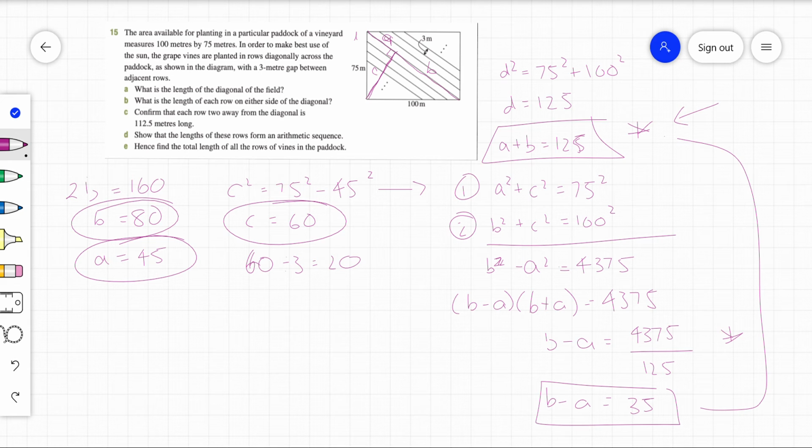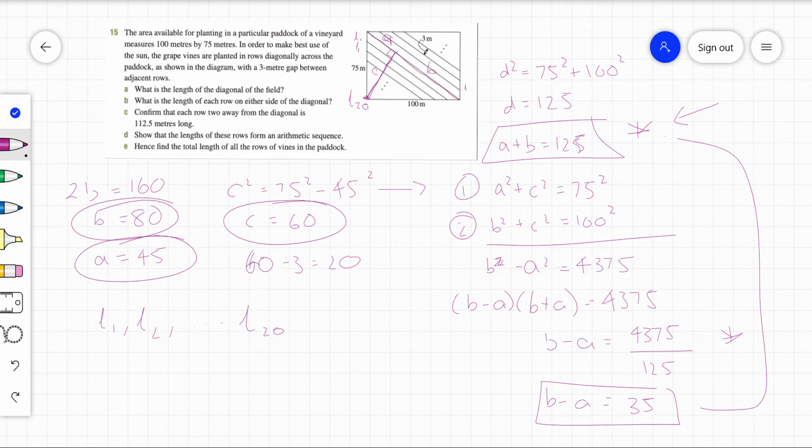So if I call this L1 and L2, I'm going to go all the way to the end, which will be L20. So of course the end is no length, so 0. So I'm going to get this L1, L2, all the way to L20, and I know L20 is 0. And I'm going to get those on either side of that diagonal.